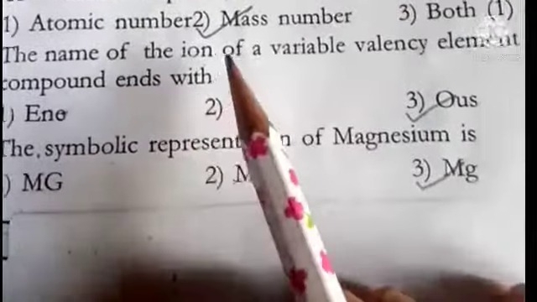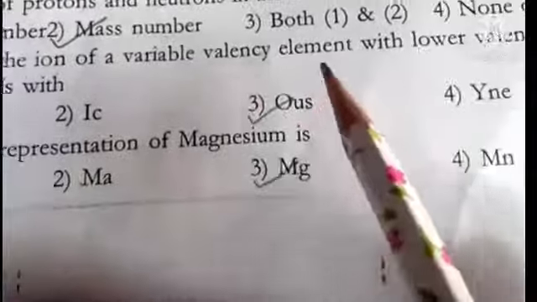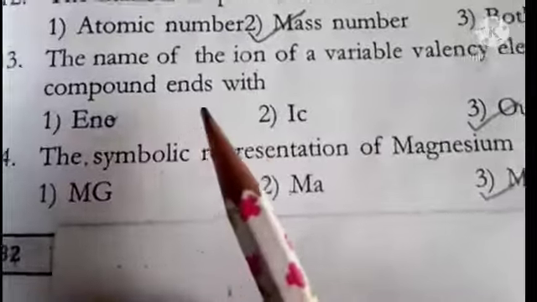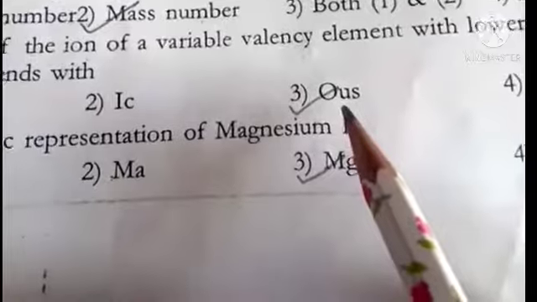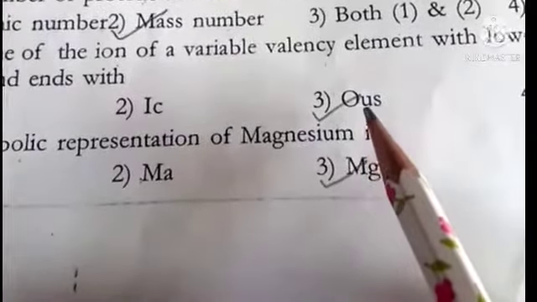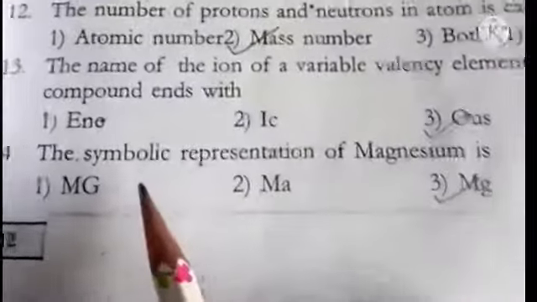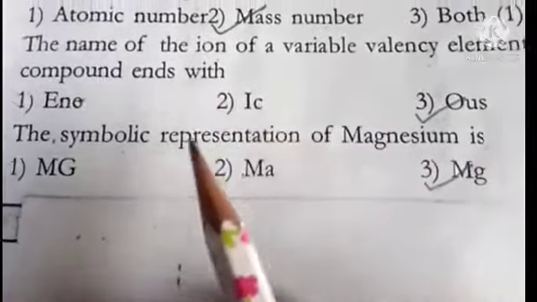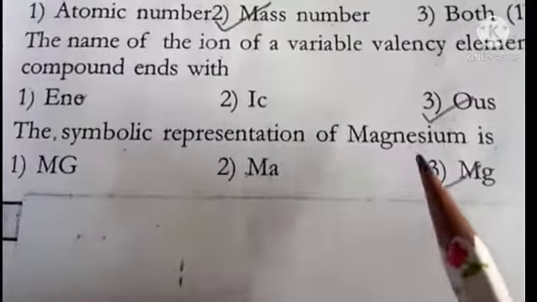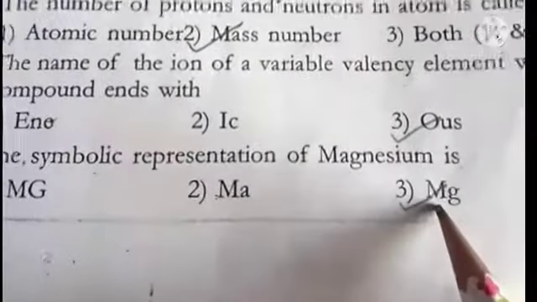The name of the ion of a variable valency element with lower valency in a compound ends with ous, as in ferrous. The symbolic representation of magnesium is Mg. Why?